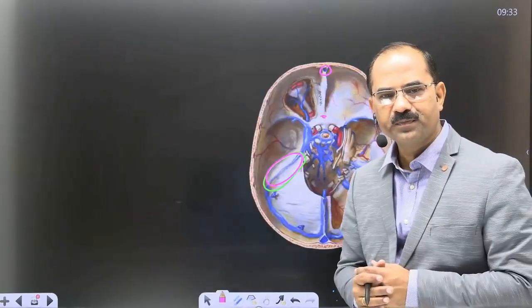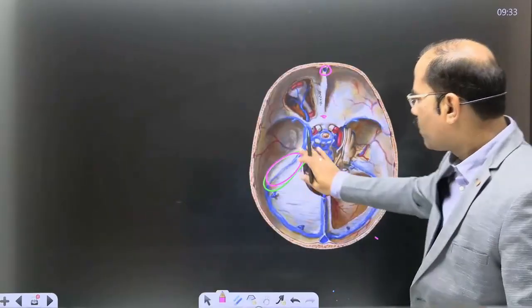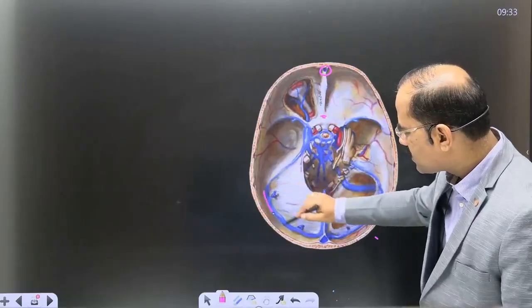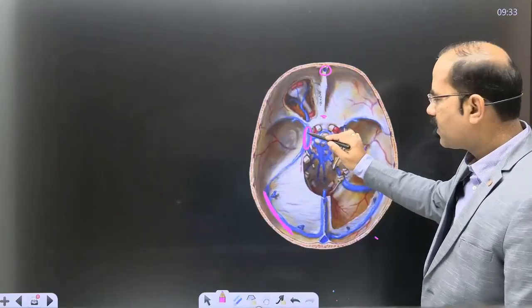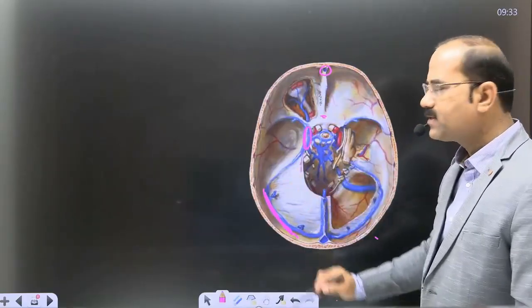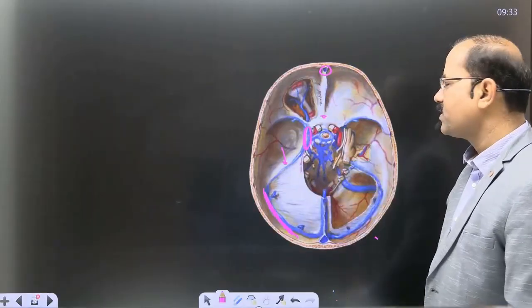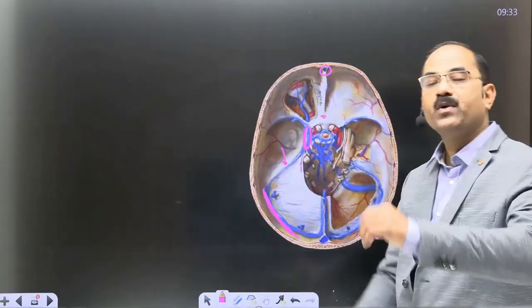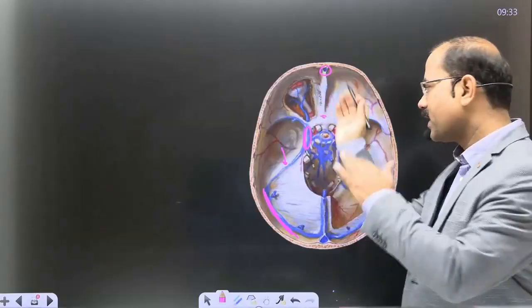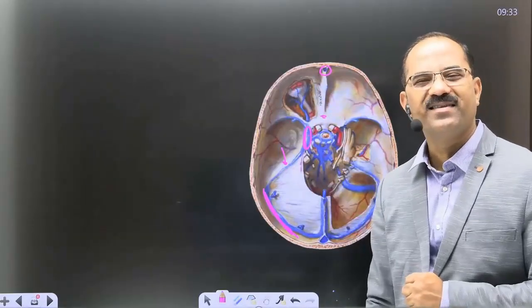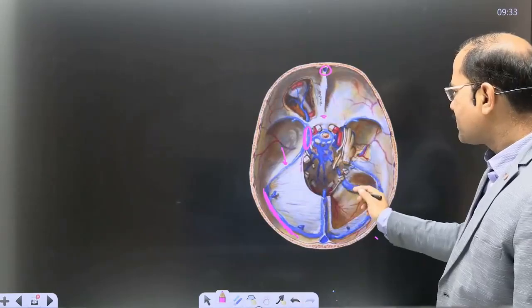Clear to all of you? Okay, so what is this sinus? That's the transverse sinus. That's the cavernous sinus. So who's connecting the cavernous sinus to the transverse sinus? That's the superior petrosal sinus. So the superior petrosal sinus is going to take the blood from the cavernous sinus to the transverse sinus. Clear? Now this transverse sinus then becomes what?